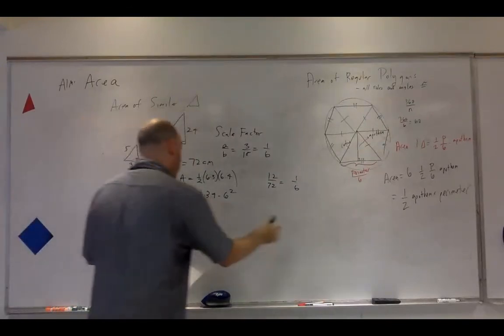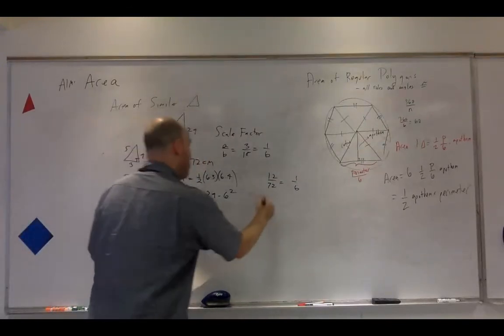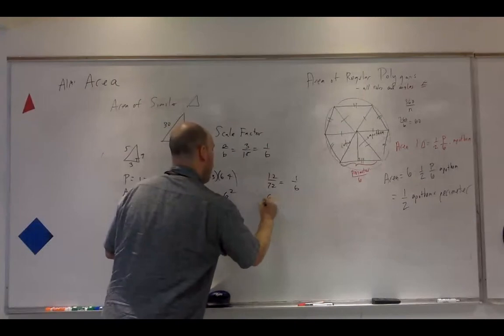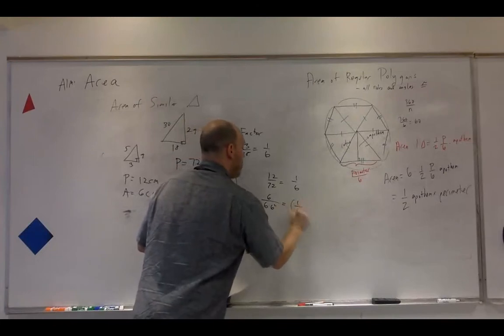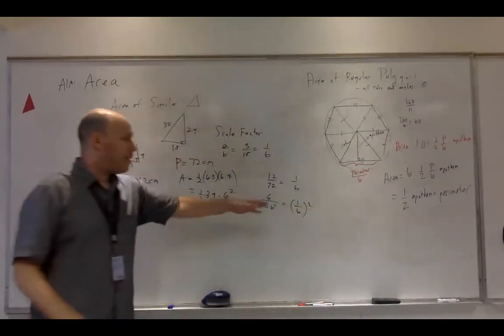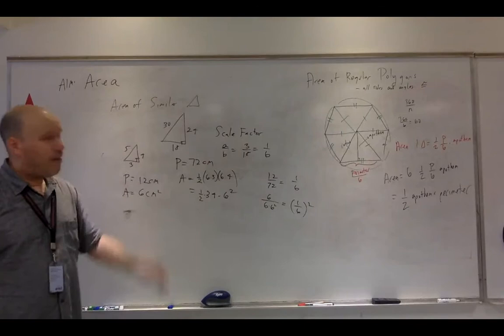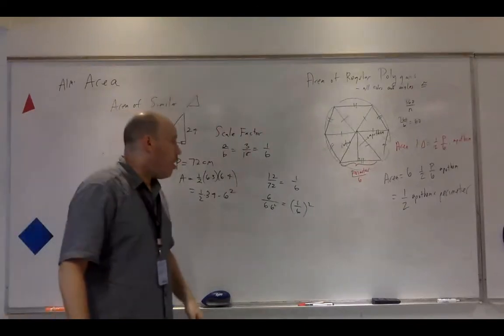Let's compare the areas. The area is 6 over 6 times 6 squared, which is 1 to 6 squared. And that's the idea of area.